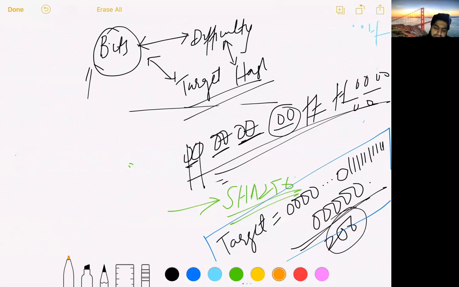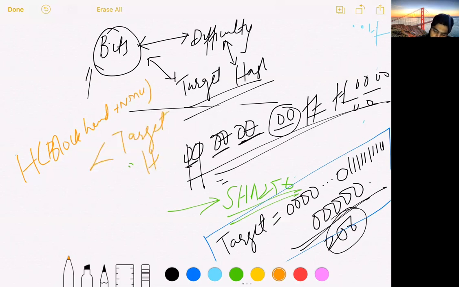Now, as part of the proof of work, miners participate in a challenge where they try to solve a puzzle such that the hash of the contents of the block header plus nonce should be less than the target hash. So whatever the hash is, it should be less than this target hash, or equal to it. Now we understand the target hash.